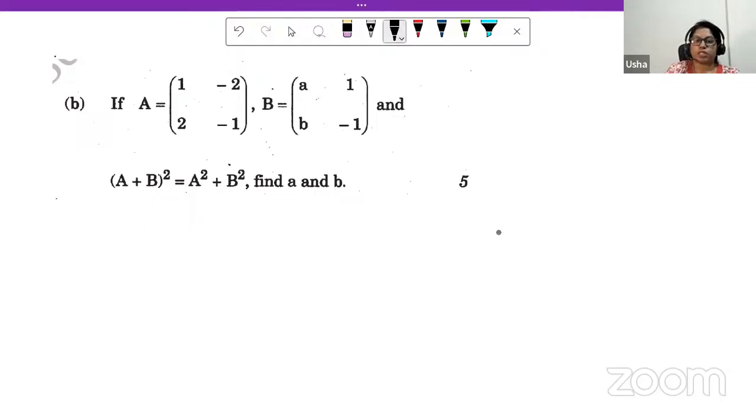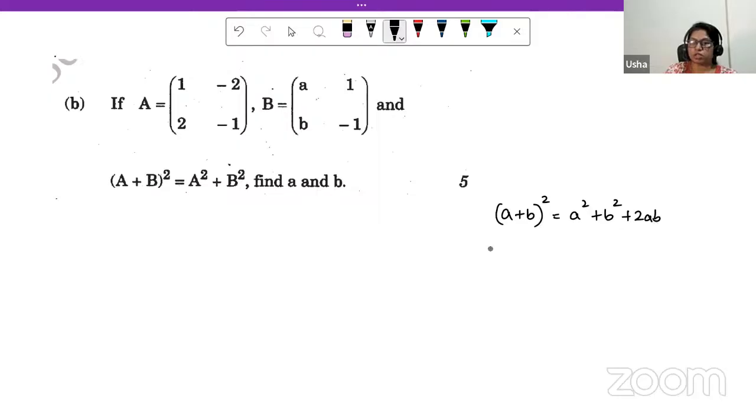First, using the formula, (A plus B) whole square is supposed to be A square plus B square plus 2AB, isn't it? And here they have given that (A plus B) whole square is equal to A square plus B square only.